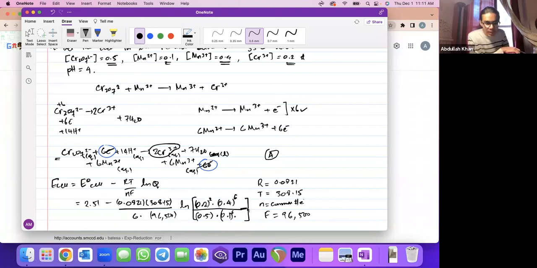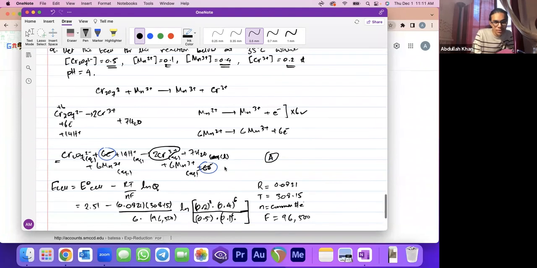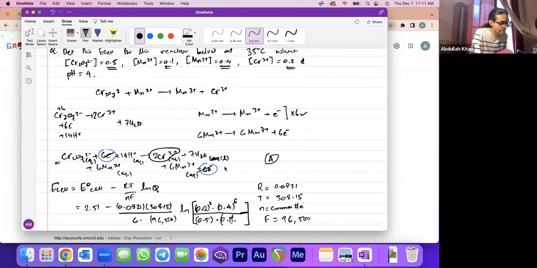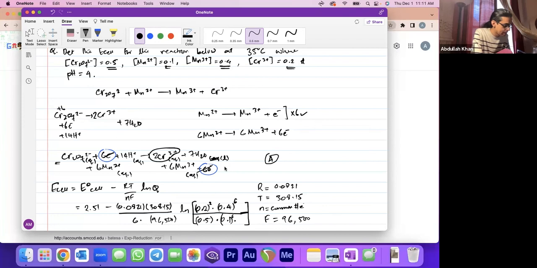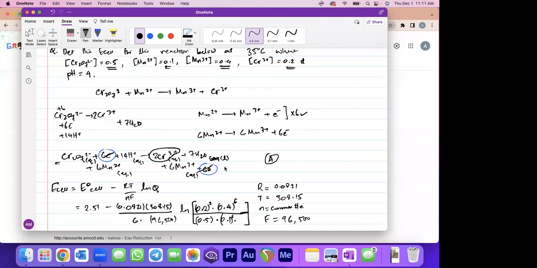Who can tell me, based on the given information, what the concentration of H+ should be? You have all the information you need. You just need to recall some stuff from acid-base equilibrium. pH is equal to the negative log of the concentration of H+, right?